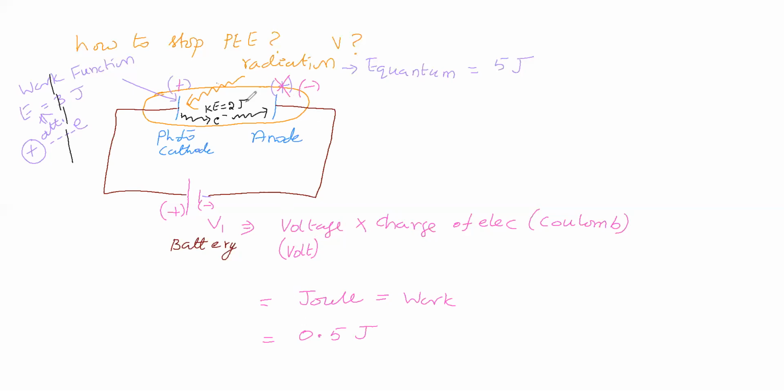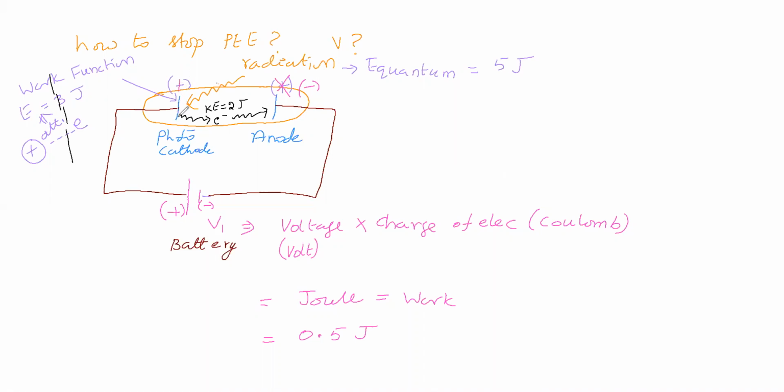Now you see, we made this plate a negative charge. So this negative plate is repelling this ejected electron, this photoelectron. And we made this plate a positive plate. We made the photocathode a positive charge.